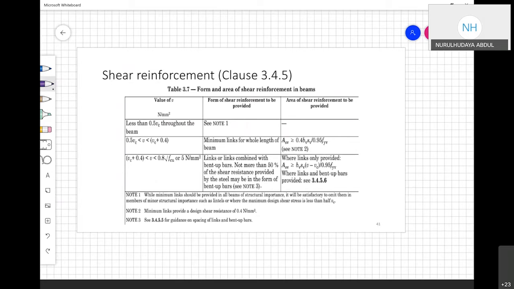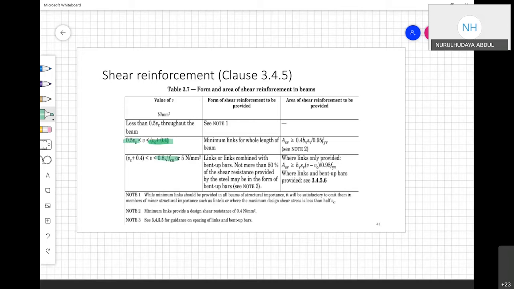We want to see whether our V is bigger than 0.5 VC or less, or we also compare with this one. That is what we have to compare. For the 0.8 square root of FCU, we calculated the permissible stress last week. The formula is the same. So we already know our V is less than 0.8 square root FCU.